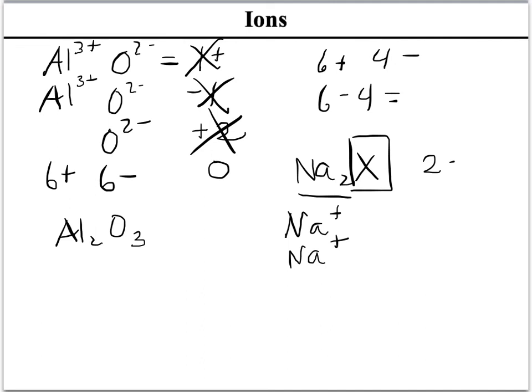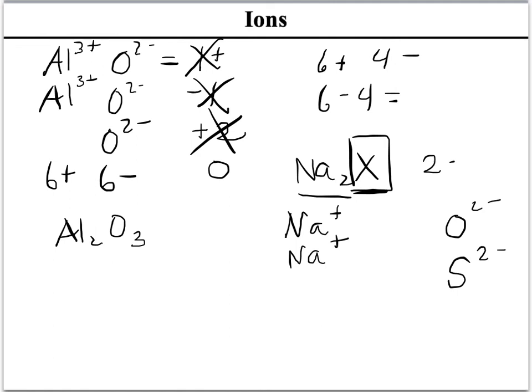You could say, I think it's oxygen, because oxygen makes the oxide ion, O2-. Or we could say, I think it's sulfur, which makes the sulfide ion, S2-. So even though we didn't know this exactly, we figured it out based on the other piece of information.